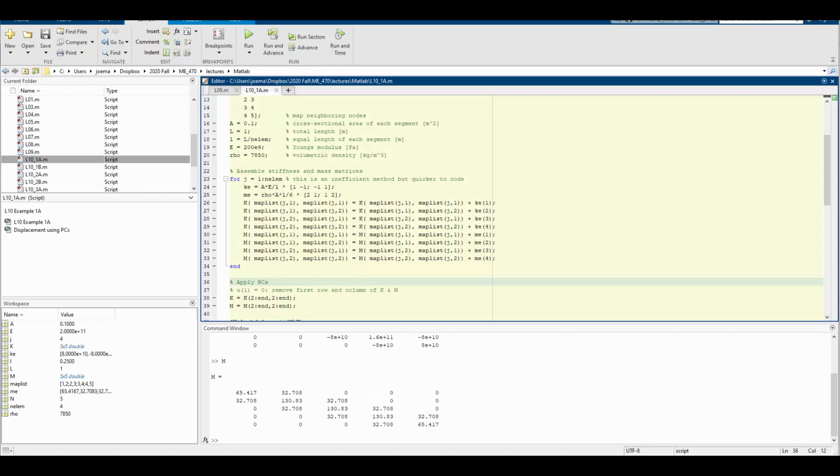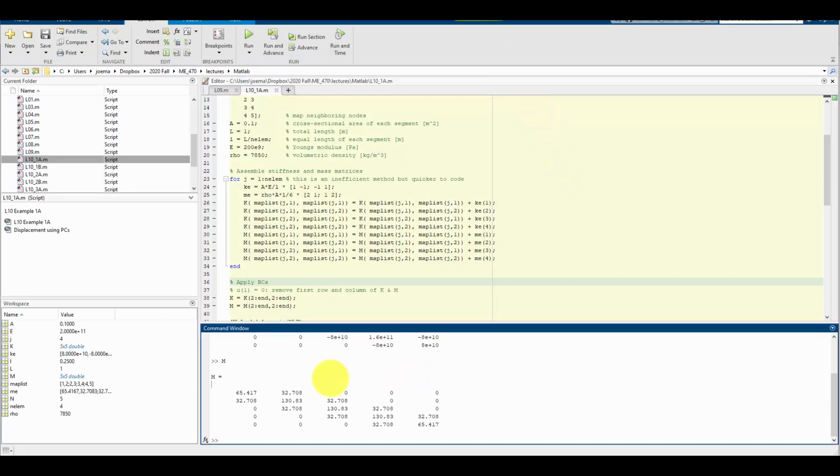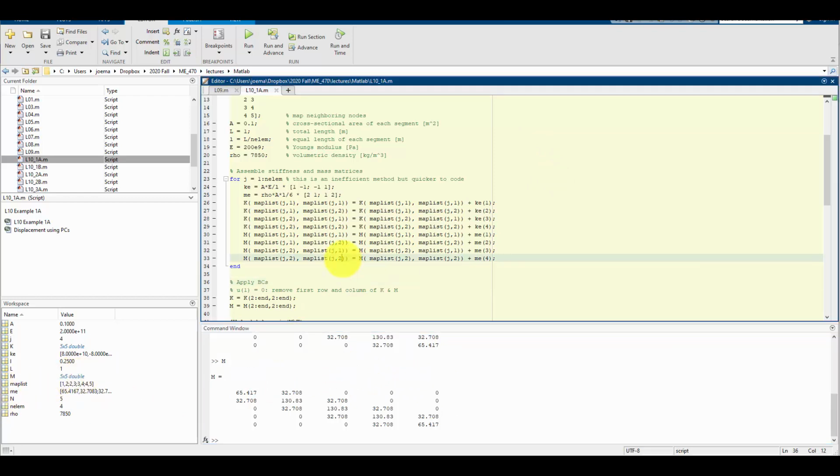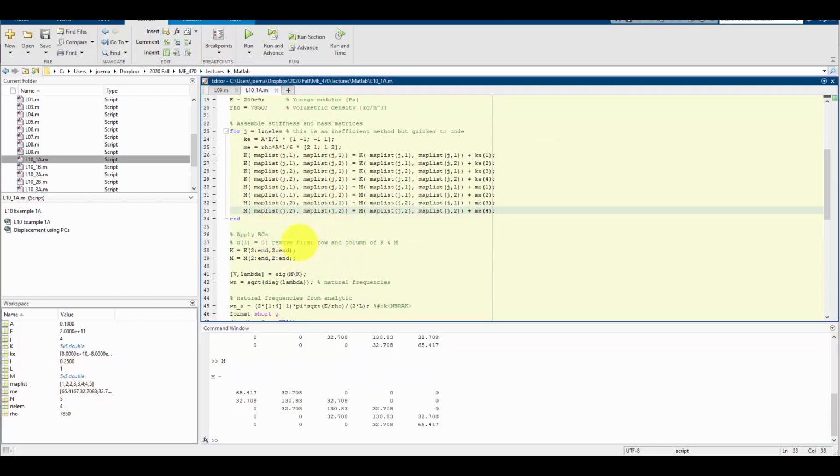In the code, it's pretty straightforward. I still have my M and my K hanging out here. Notice they are right now 5 by 5s. For the boundary conditions, because U1 is always going to be 0, I want to remove the first row and column of K and M. So what I'm doing in lines 38 and 39 is taking K, the second row through the last row and the second column through the last column, and overwriting K with that value.